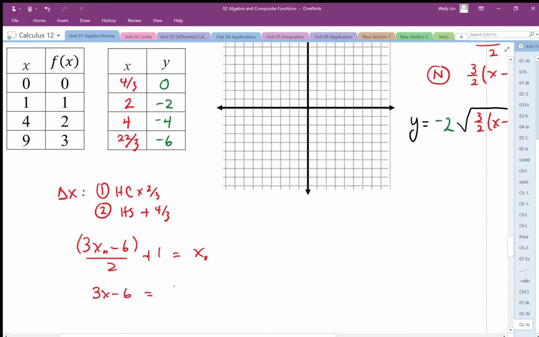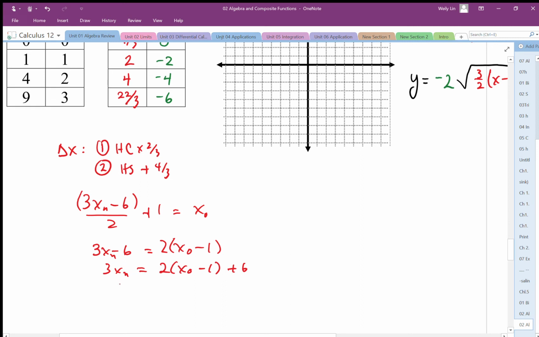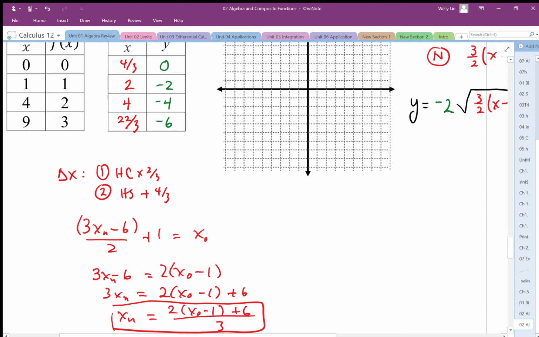So I'm going to end up with -1 times 2, so that's going to be plus 6, and then it's going to divide everything by 3. Okay, and this calculation will give me the exact same transformation as I got here. So I take all these numbers, put them through here, and I'm going to get those exact same numbers here.